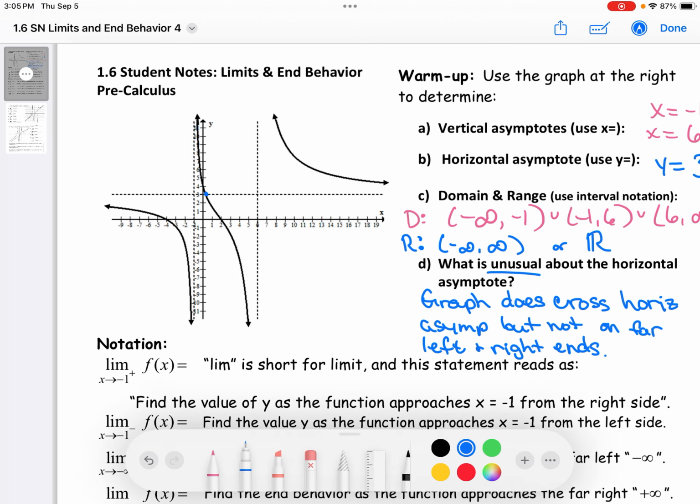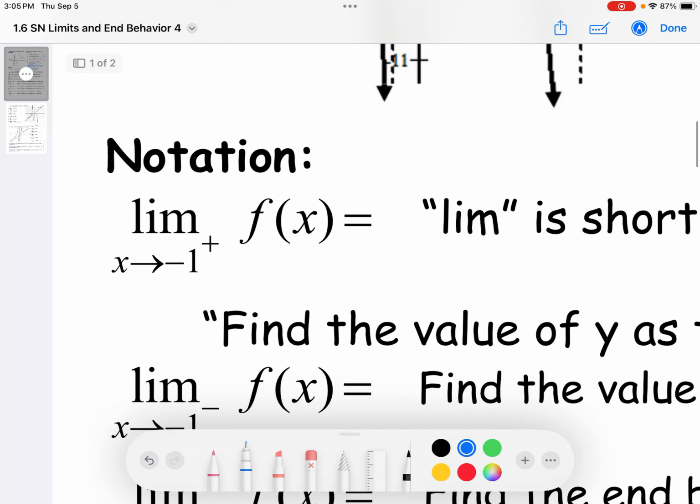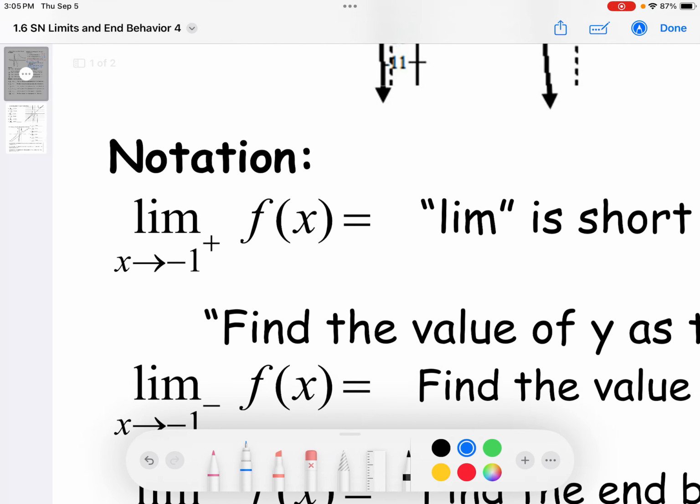So this leads us into finding some limits. This limit notation, there's a lot going on in here. It's the limit of f of x as x approaches -1. -1 is going to be a vertical asymptote.